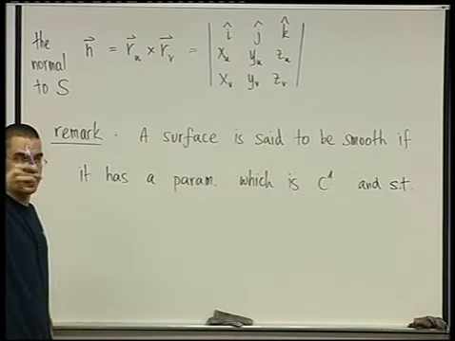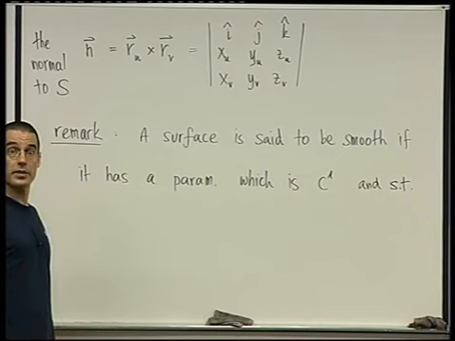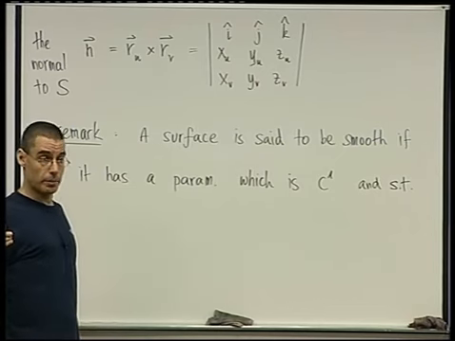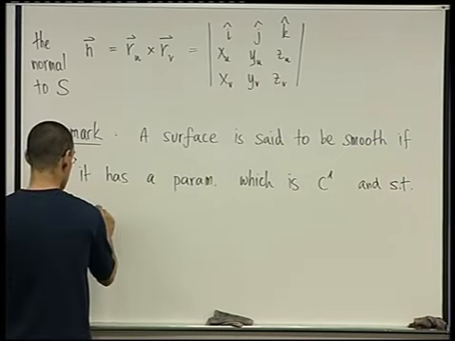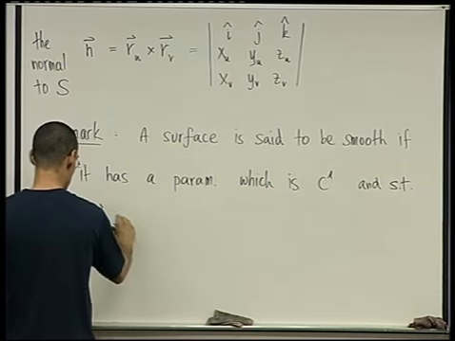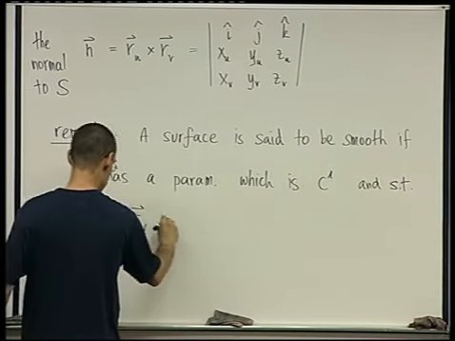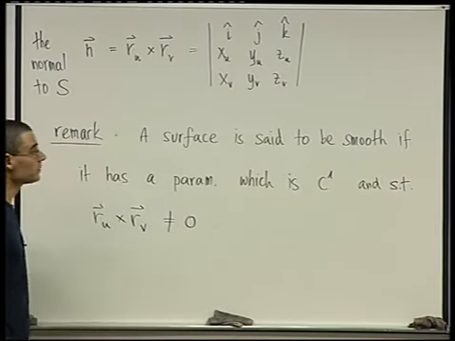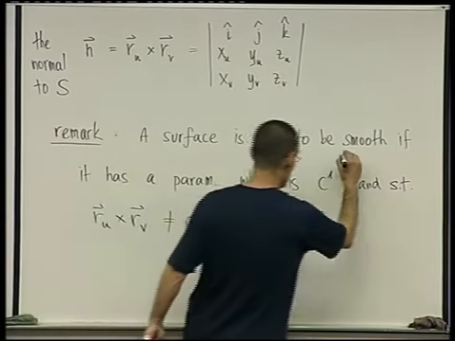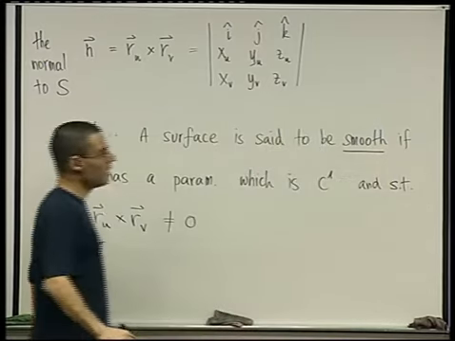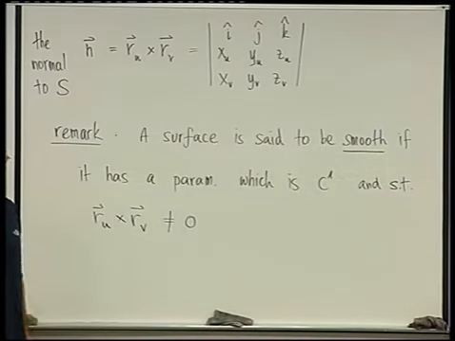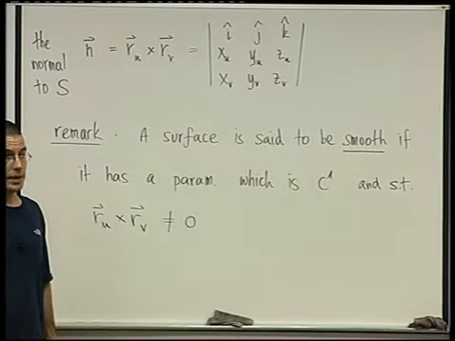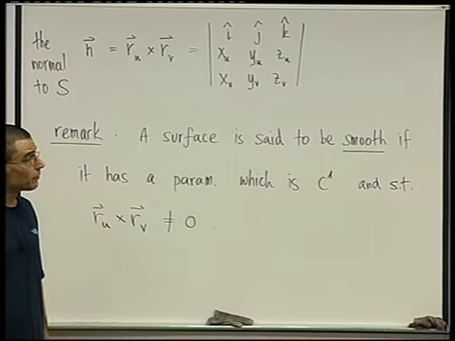So there is, in fact, a tangent plane at every point, and Ru cross Rv is not equal to 0 at any point. So this is what we call a smooth surface, and usually we're going to be working with surfaces like this.